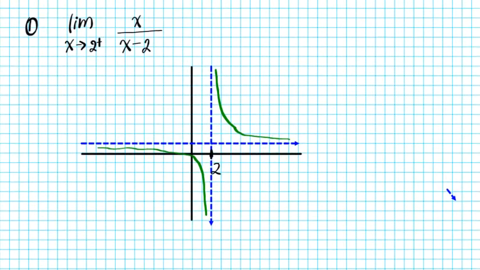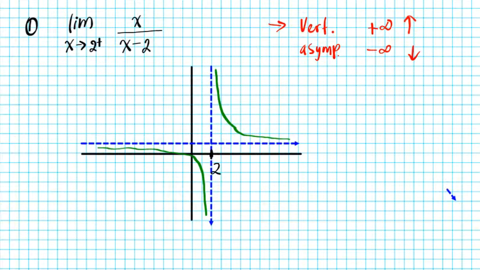Remember that whenever you are approaching a vertical asymptote, your limit is always going to be plus infinity or negative infinity. If you're approaching a point, your limit is going to be the y-coordinate, but if you're approaching a vertical asymptote, your limit is going to be plus or minus infinity. If you're heading upwards, your answer is going to be infinity. If you're heading downwards, it's going to be negative infinity.